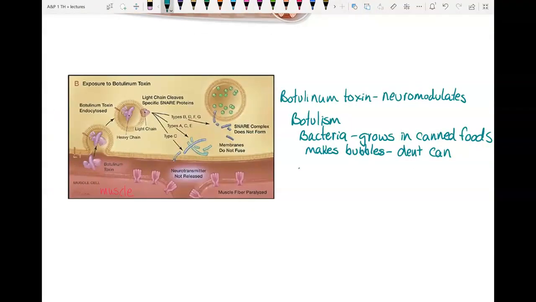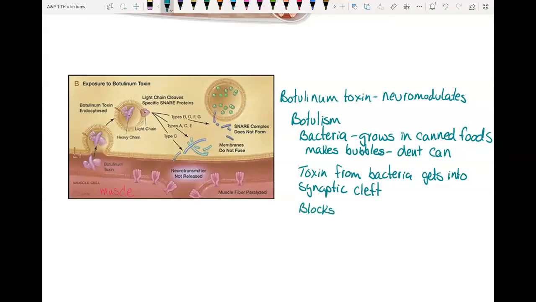And this toxin from the bacteria gets into your synaptic cleft. And it blocks acetylcholine. So you cannot have the acetylcholine to stimulate your muscle.